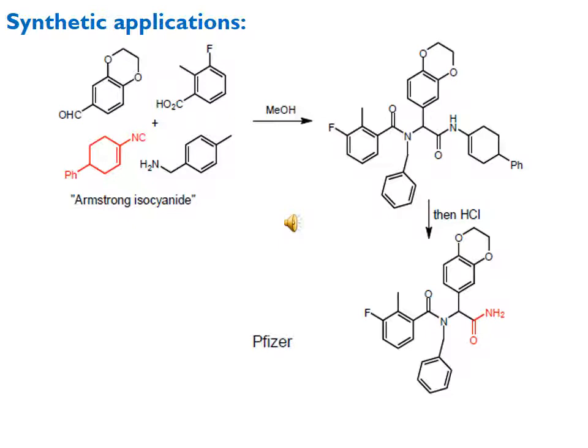One is aldehyde, second carboxylic acid, third is isocyanate, and fourth one is the amine, and all of them are reacted to form the product, which after hydrolysis with HCl we get the final amide, in which the N substitution on this amide functionality has been removed, which is shown in red color, and we get the final drug.